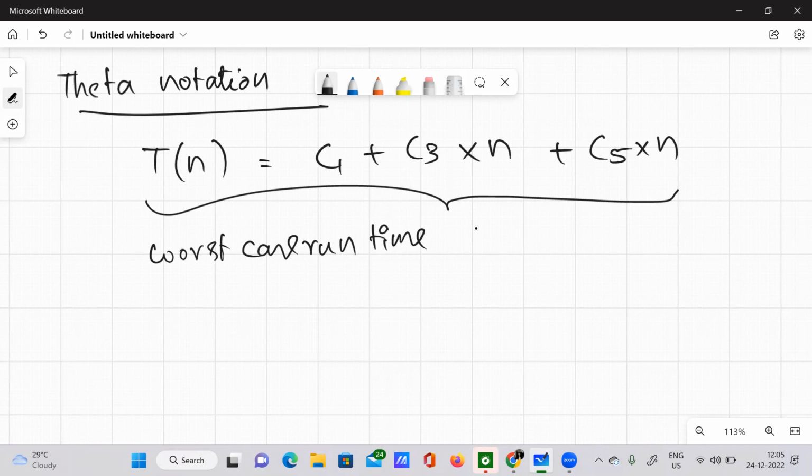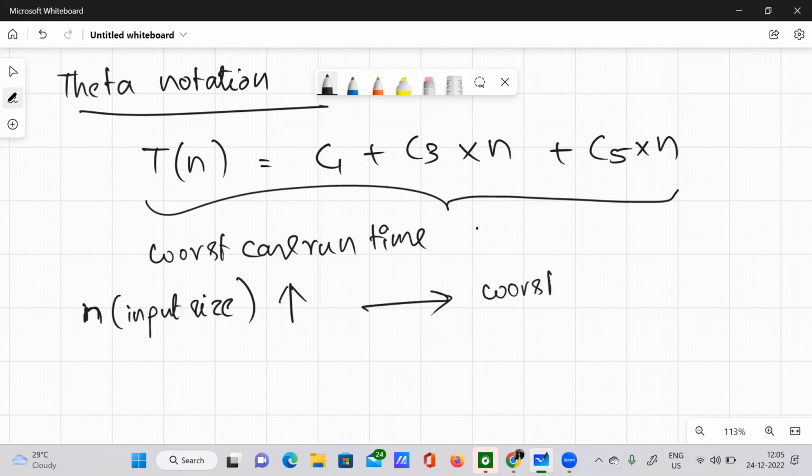For a large input size n, if my input size is very large, then the worst case runtime would be theta of n. So this would be my worst case runtime.